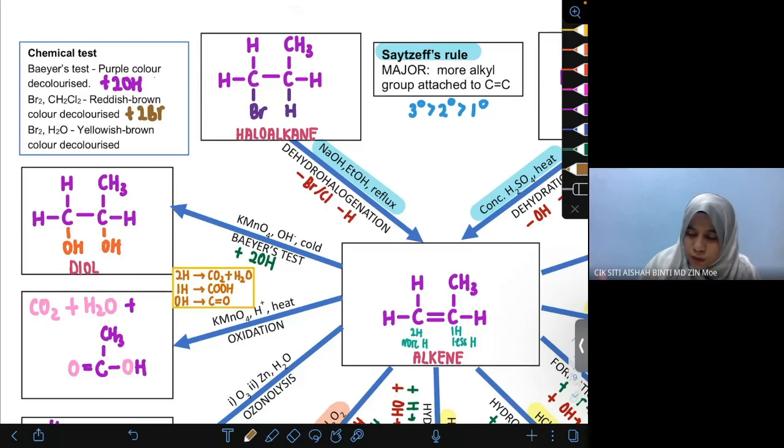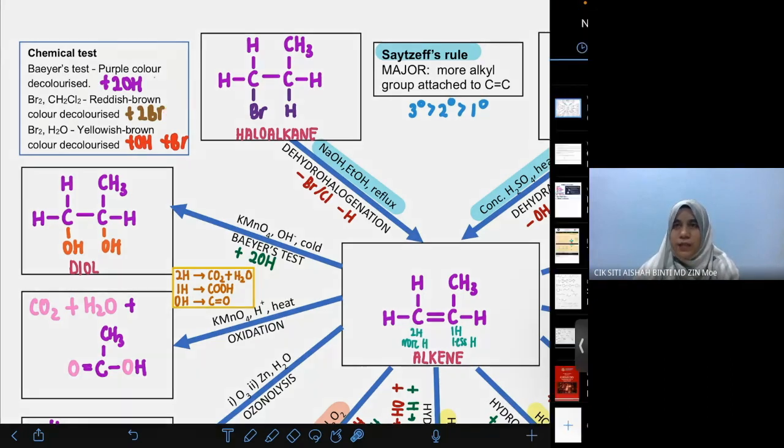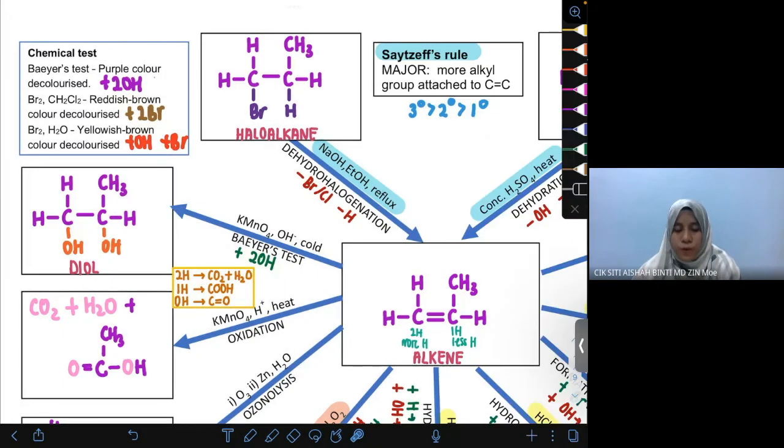And yellowish brown color decolorized, we're going to add 1 OH, 1 bromine. Another one that is more straightforward, we like to use the bromine test. Okay, this is the last one. Example 5 is quite straightforward, it's fine.